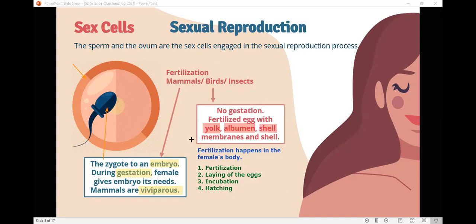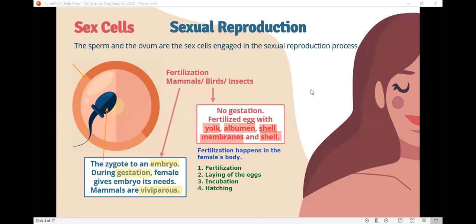Shell membrane. Protection. To protect the embryo. And the shell gives the air, it lets oxygen pass through to the embryo.